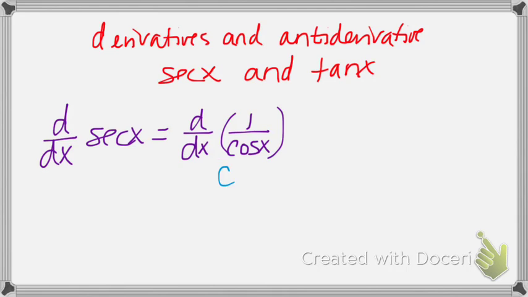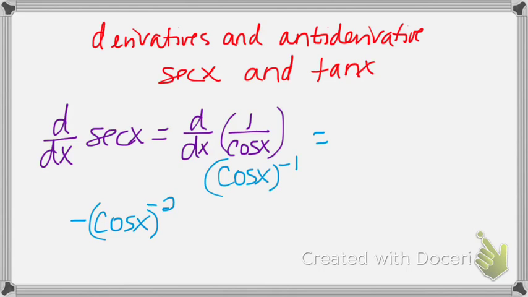Well, 1 over cosine is cosine of x to the negative 1. So the derivative of that would be, think about the chain rule, negative cosine of x to the negative 2 times the derivative of cosine, which is negative sine.